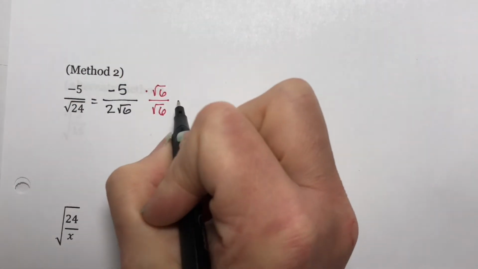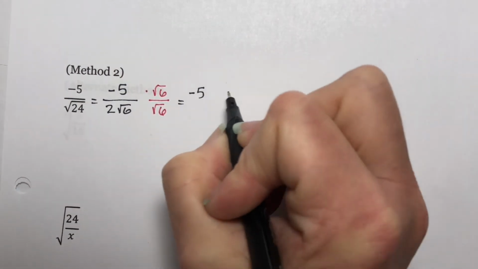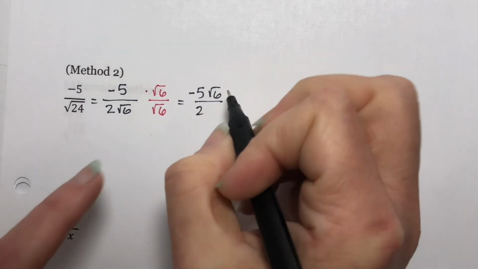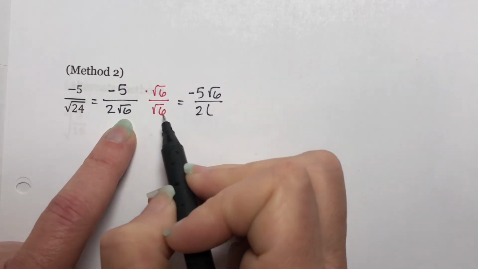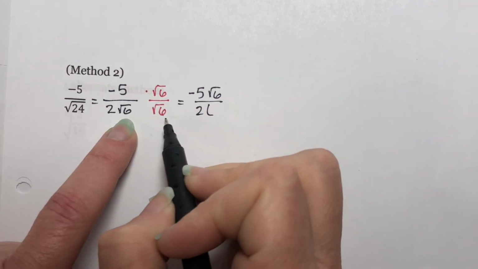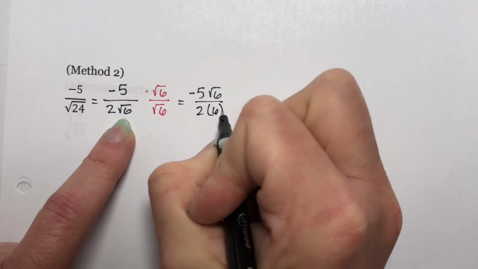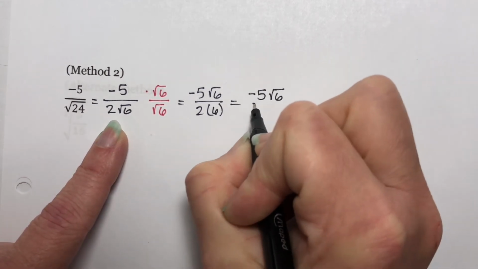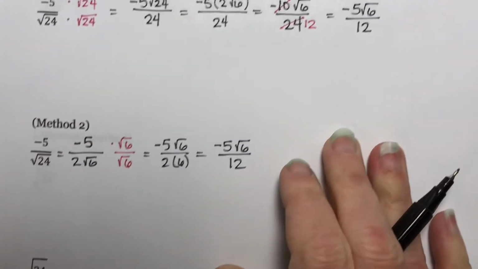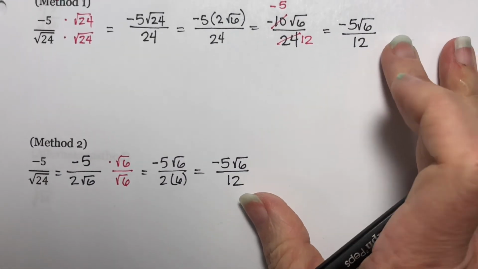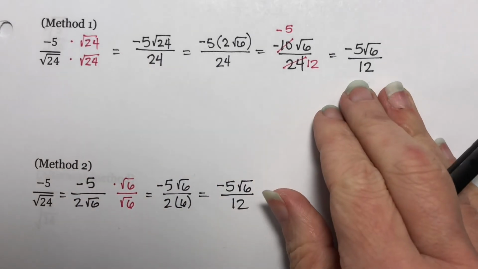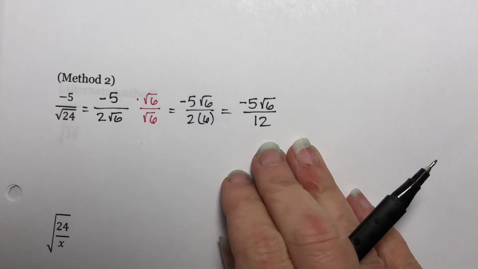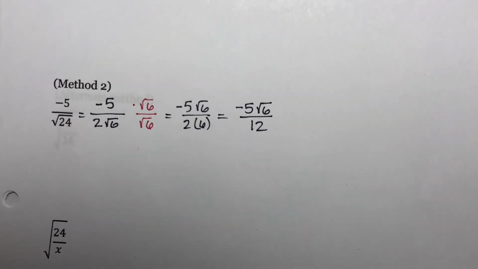So this gives me negative 5 times the square root of 6 over 2 times, and the square root of 6 times the square root of 6, we're multiplying it by itself, so that means we get 6, which gives me negative 5 times the square root of 6 over 12. And that's the same answer we got here. For a lot of people, this is easier to understand. This is usually easier to complete. So it's kind of a trade-off, and it is completely up to you. They both work.